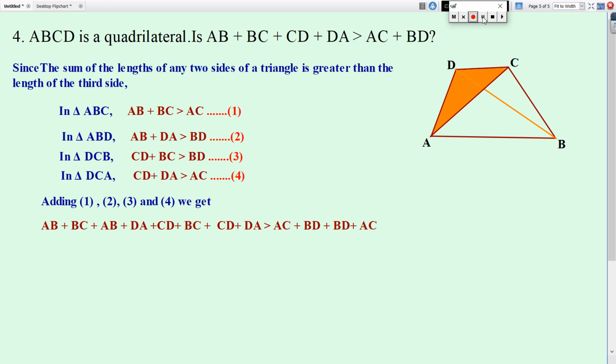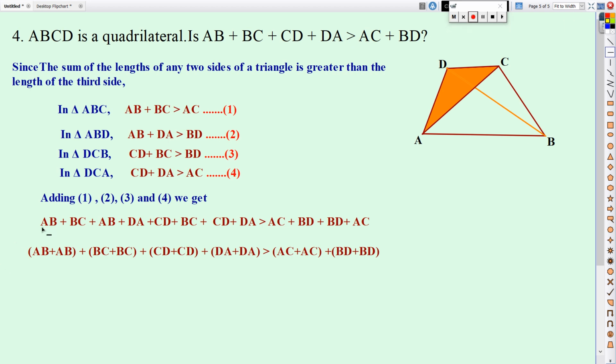So we can write AB plus AB, then BC plus BC, then CD plus CD, then DA plus DA, greater than AC plus AC and BD plus BD.